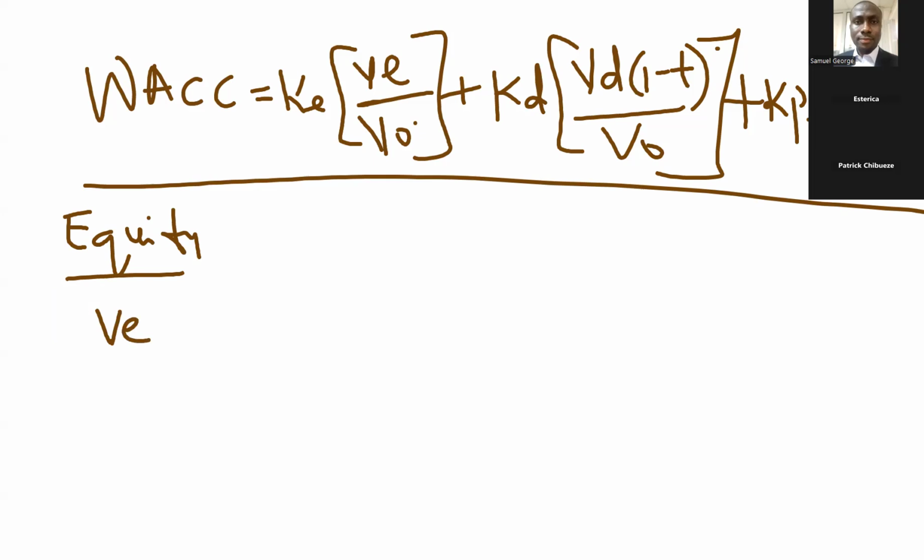If you go back to the story, what is the VE? What is the market value of Echo, the current share price from the question? Are you able to identify it?